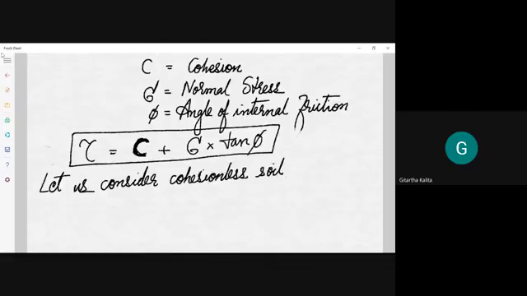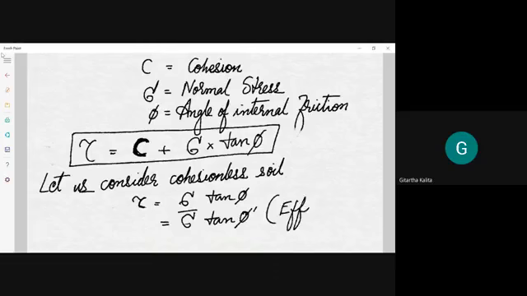In that case, we will get tau is equal to sigma tan phi. And in this case, we will not write sigma tan phi directly. We will modify it and write sigma bar tan phi dash, because these are related to the effective stress parameters. In cohesionless soil, we write in terms of effective stress parameters. Why am I telling you this?